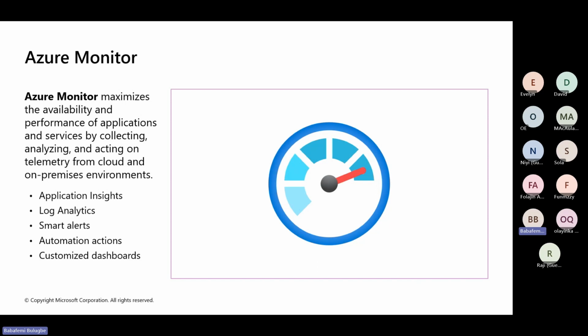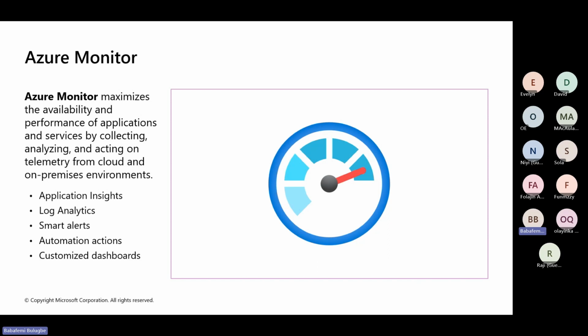Then you want to set a smart alert before there is a downtime. You want to be able to receive an alert to say, this particular activity going on might result in a downtime, do you want to cater for this? And you can also set up an automation action to say, yes, I want to get an alert when the CPU usage of the server or the virtual machine hosting my application gets to 75%.